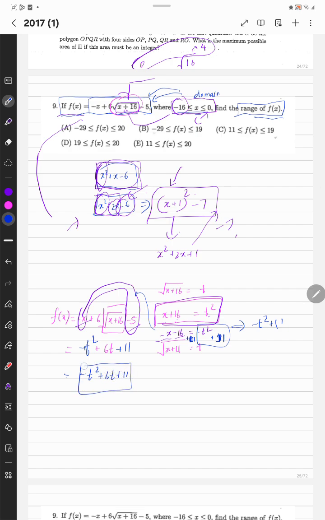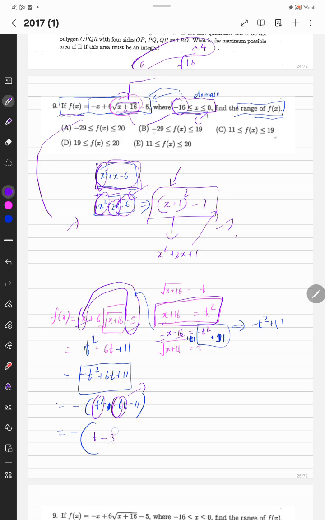Again, if you were to find out the range, it's always an intelligent idea to complete the square. So we can take the negative out of it and write t square minus 6t minus 11, then the negative. To complete the square, consider t square, then we have negative 6t. When you complete the square, you divide by 2 and you get 3.